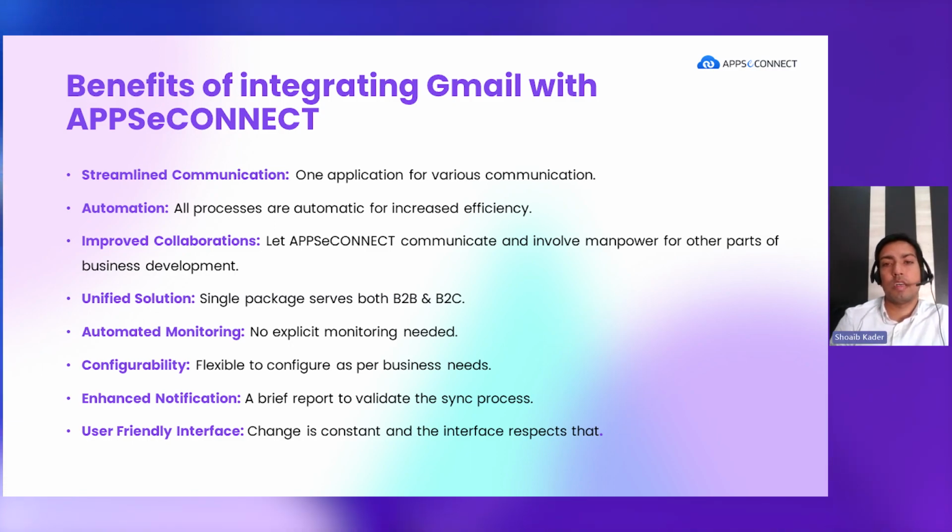I always say, let AppSeConnect communicate and involve your manpower for other parts of business development. Unified solution, be it B2B or B2C, be it any vertical of your business, an organization who wishes to use Gmail as their official channel of communication can use this integration, and it is a unified solution for all the categories.